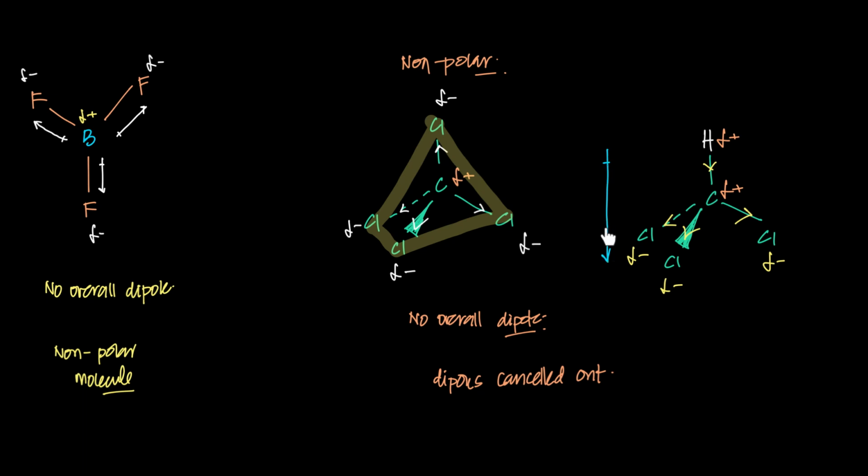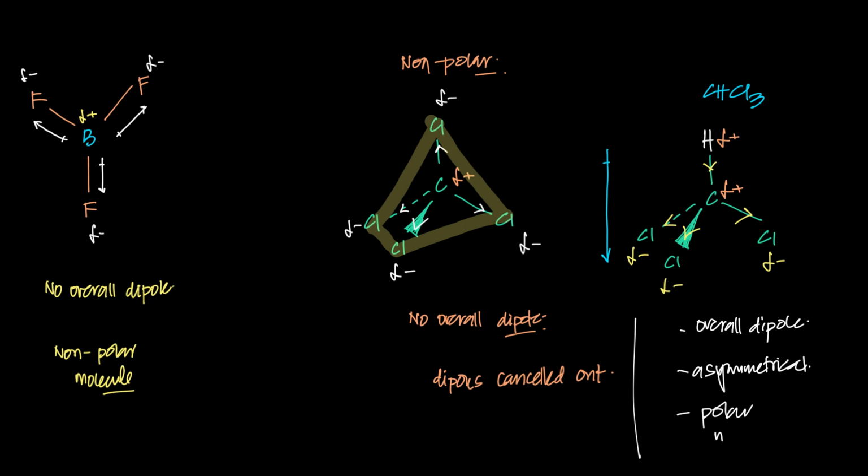So the right hand molecule, which is CHCl3, has an overall dipole. And if something has an overall dipole, we say it has an asymmetrical electron cloud distribution, which means it is a polar molecule.